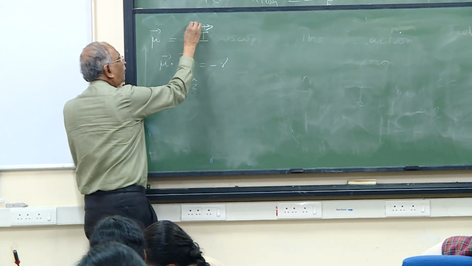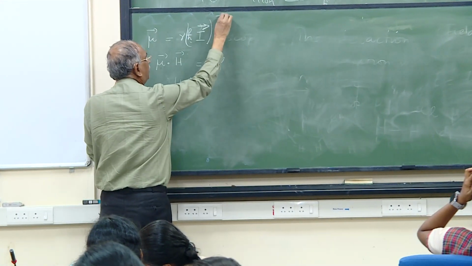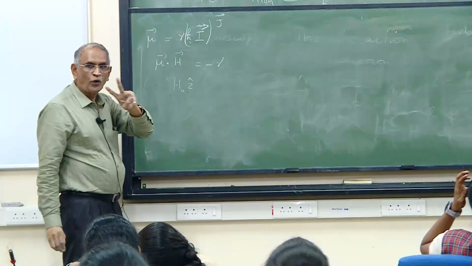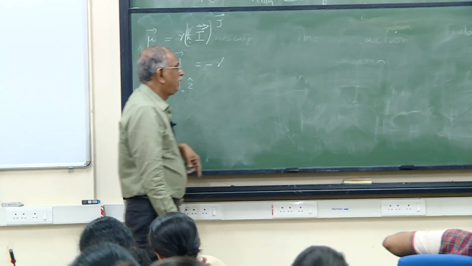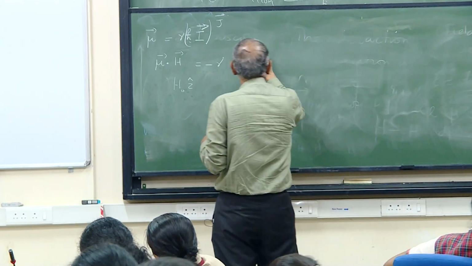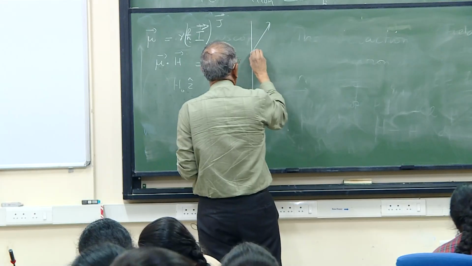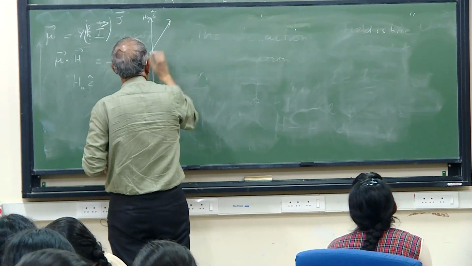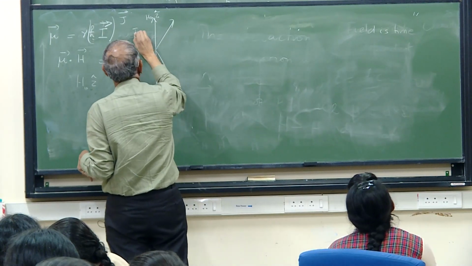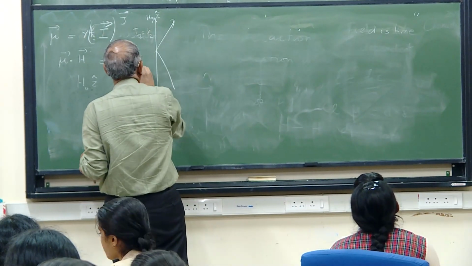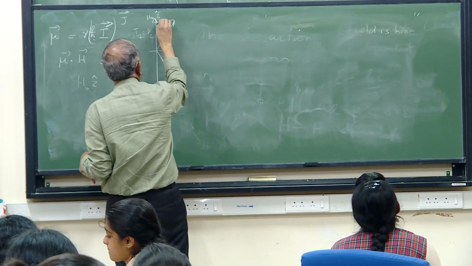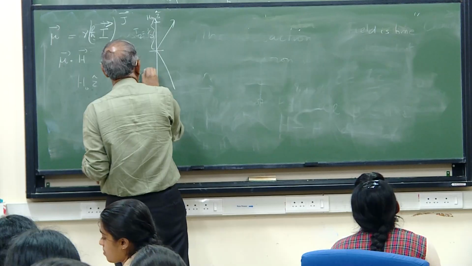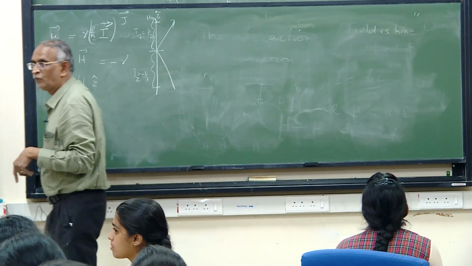So this is called the dimensioned angular momentum J, but this is gamma h bar I, where I has two orientations in the field, namely, if this is the z direction, H naught times z, then this is Iz equal to plus a half, and this is Iz equal to minus a half.